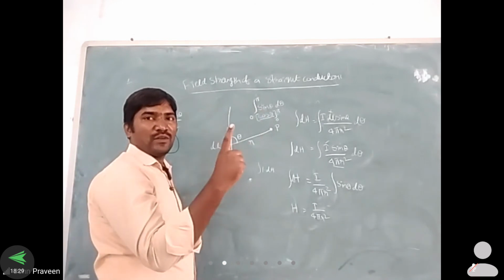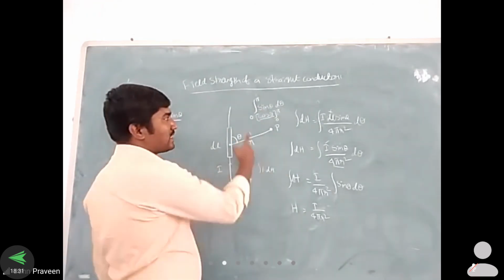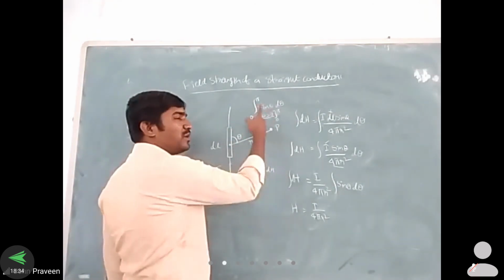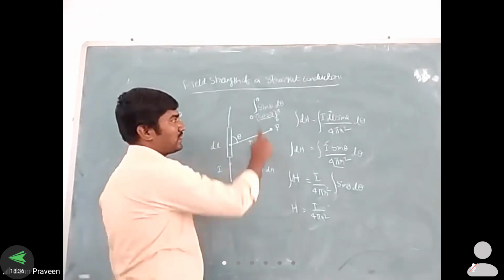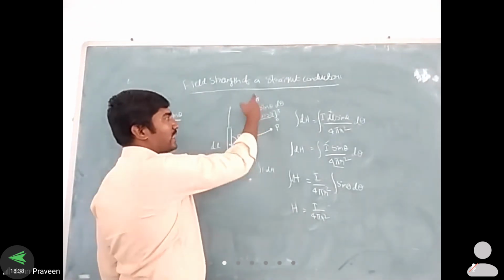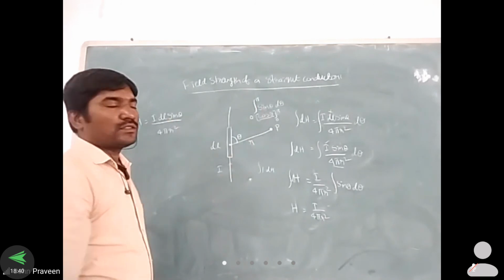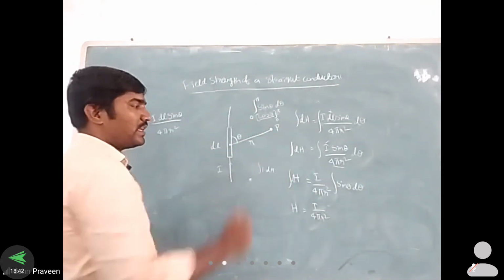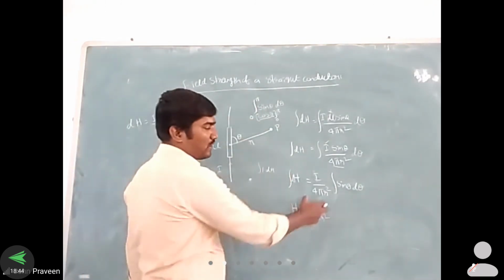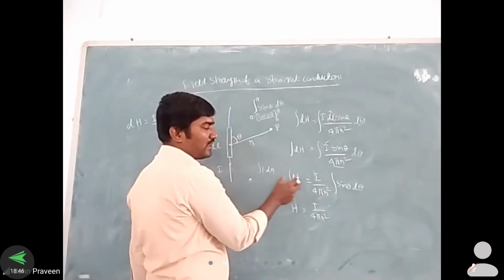There is only one value present, but in case of integration two limits are applicable: one is the lower limit and another is the upper limit. So the concept we are using here also: we separate the constant first, then we apply the integration.